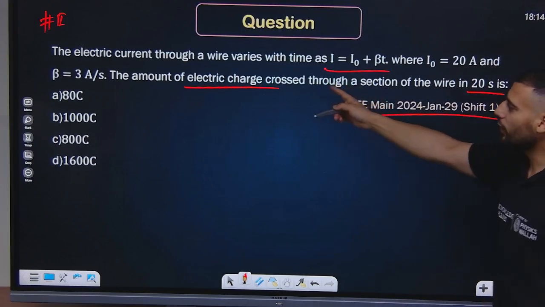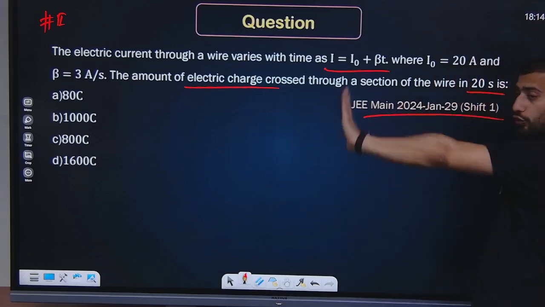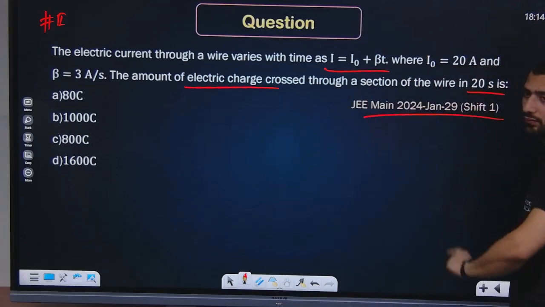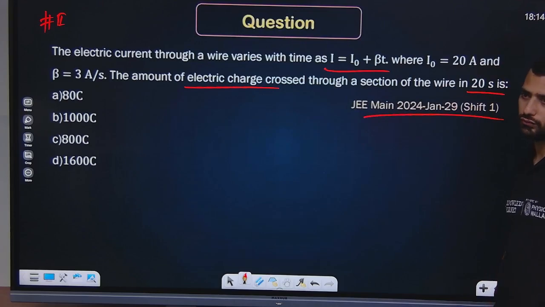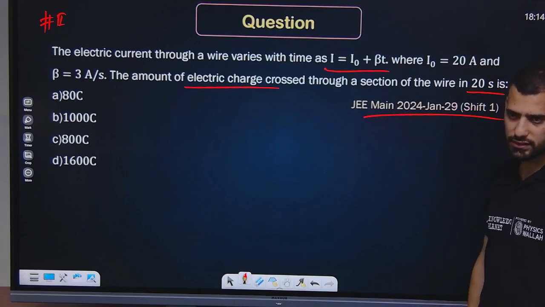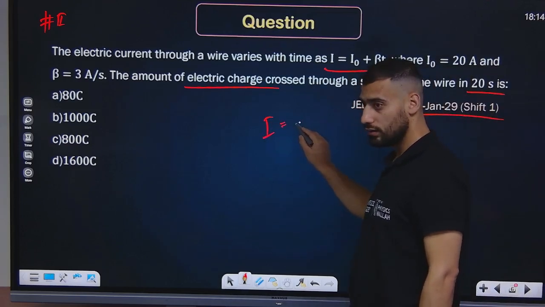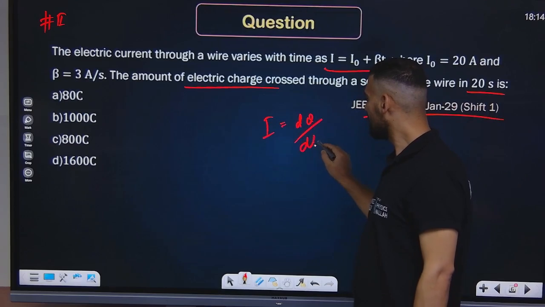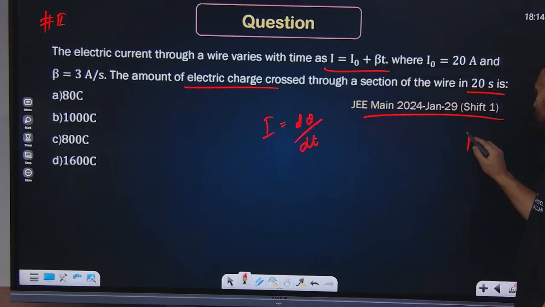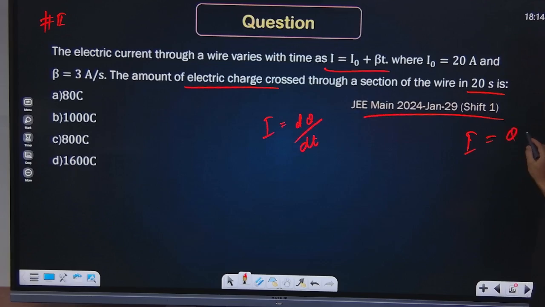You have to find the value of the charge which has flown through the circuit for how much time? What do you do? Yes. See, current is equal to what? Yesterday I was doing the same question somewhere, and some student said that current is equal to charge per unit time. He was not wrong.